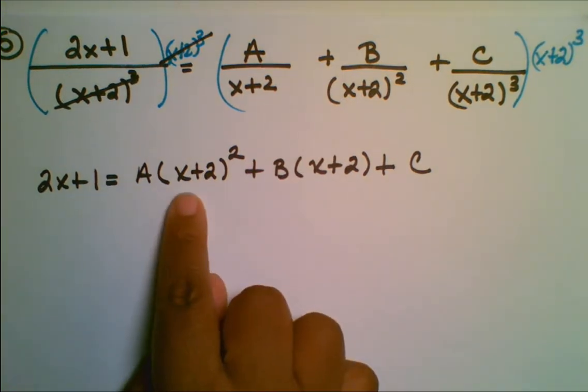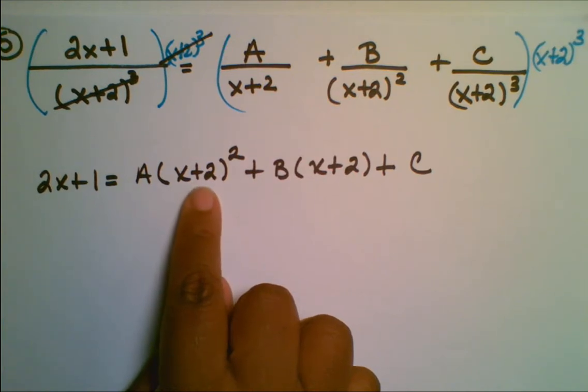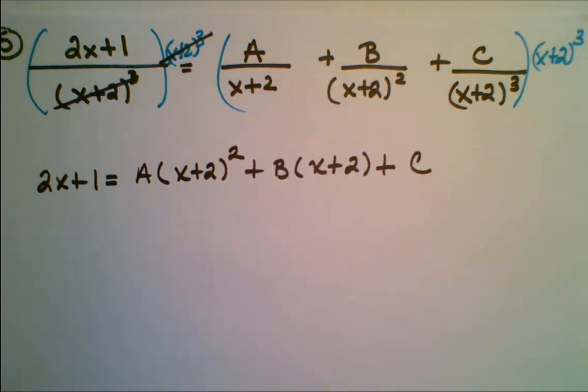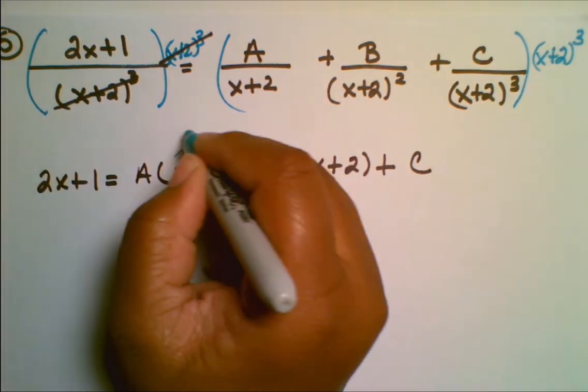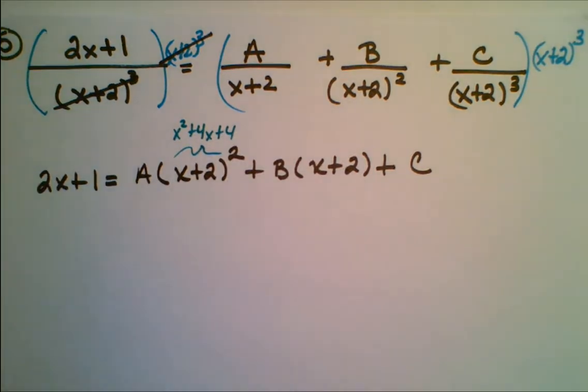But before we set it up, let's expand this (x + 2) squared. And that would give us x squared plus 4x plus 4.